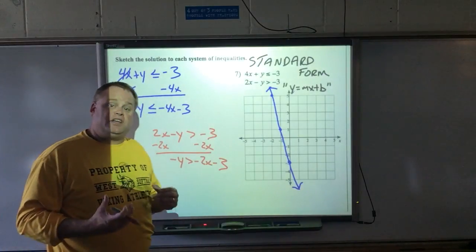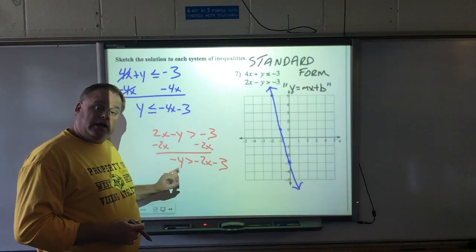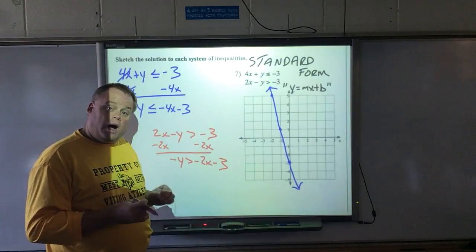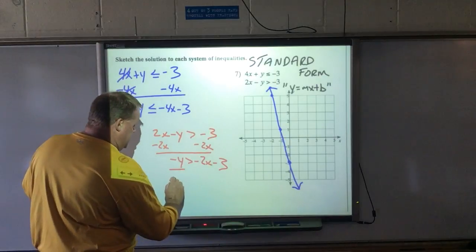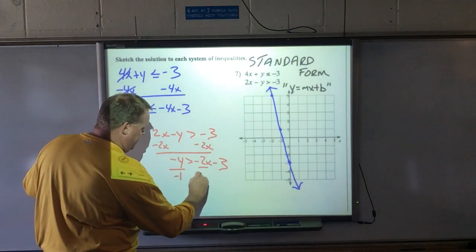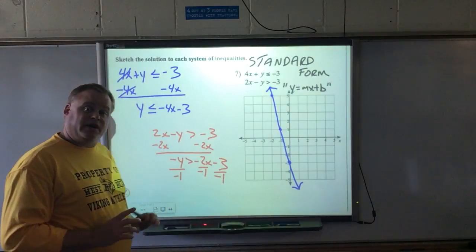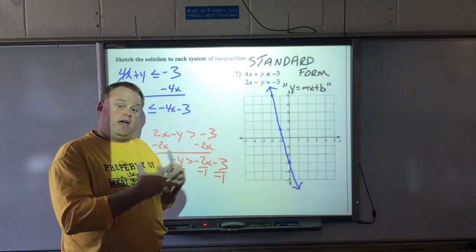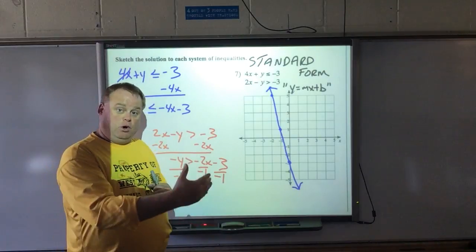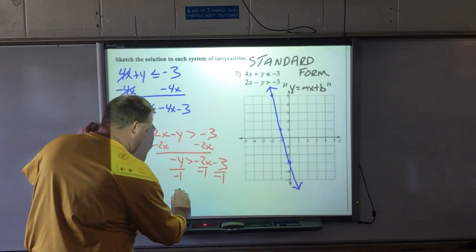Well, I'm not done yet, because it's a negative y. I don't want negative y, I want y. So I must divide by negative 1, every member, on both sides. Remember, if I divide across an inequality sign, I have to do it to every member. So this becomes y.